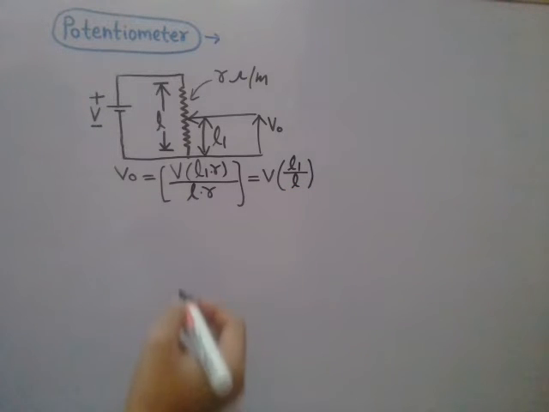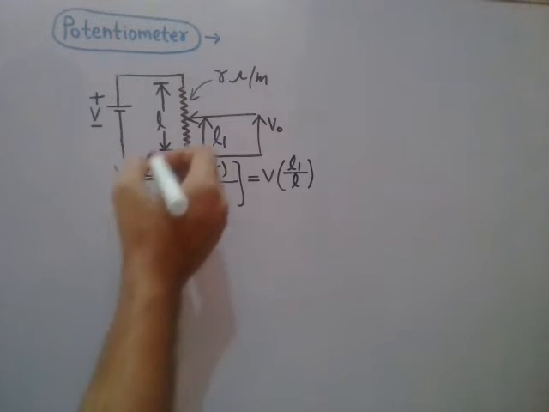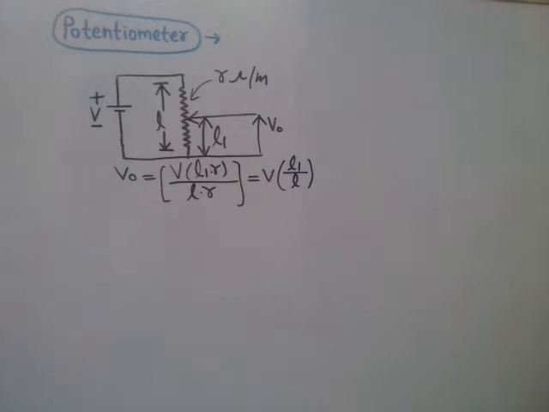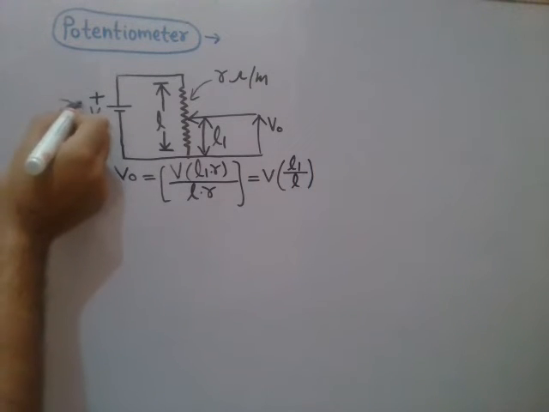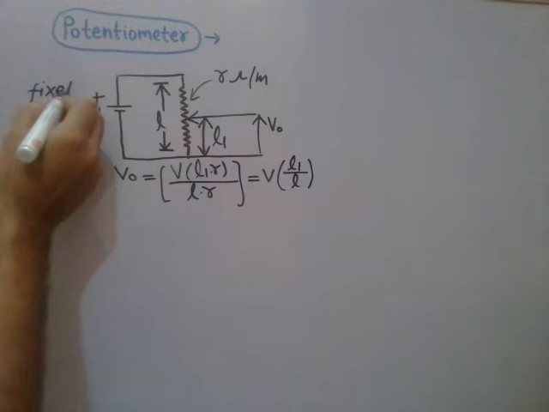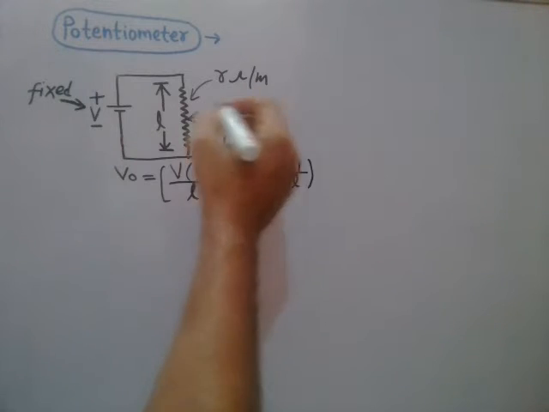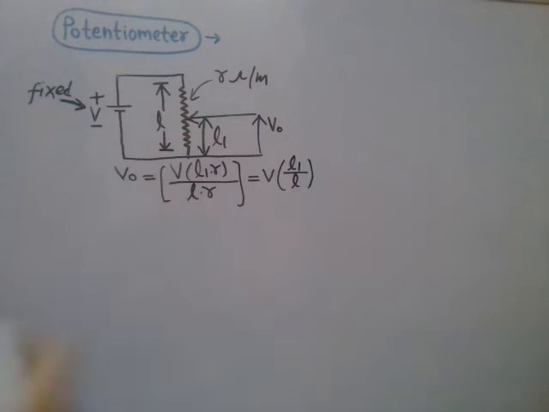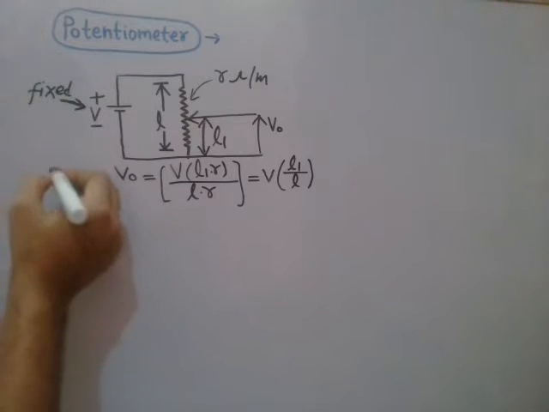Here the applied voltage V is fixed. It's a fixed DC voltage that you have applied. And the length small l, the total length of this wire, is also fixed.